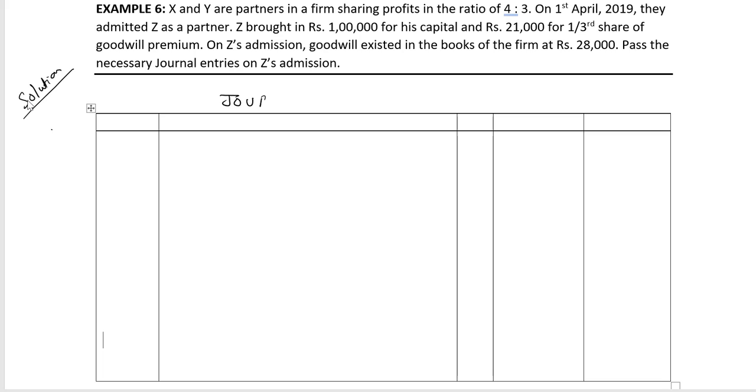Journal. We have date, particulars, LF number, debit rupees and credit rupees.